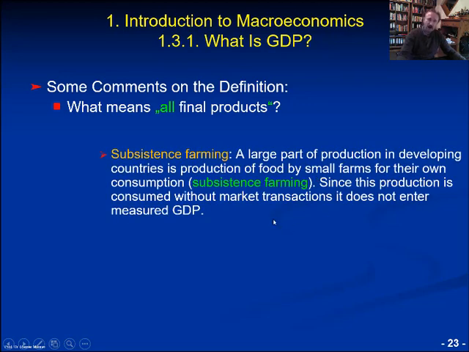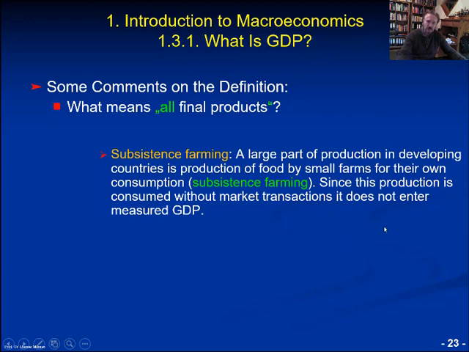These countries are what we call developing countries, and developing countries have mostly a very large sector of subsistence farming. Here, a large part of production is production of food by small farms for their own consumption. That's what we call subsistence farming.